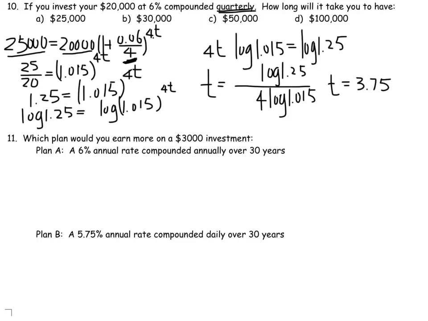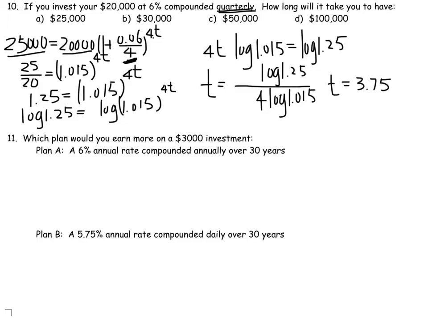I have 25 over 20 equals, so 0.06 divided by 4, I have 0.015. So 1 plus 0.015 is 1.015 raised to the 4t power. 25 divided by 20, make that into the decimal form, that's 1.25. So take the logarithm on both sides.